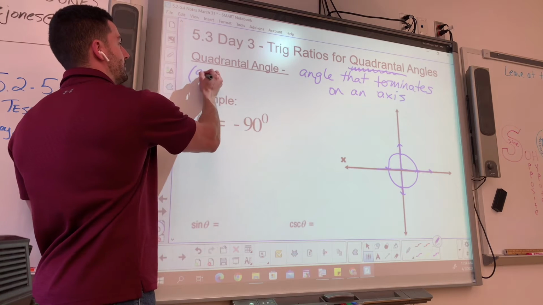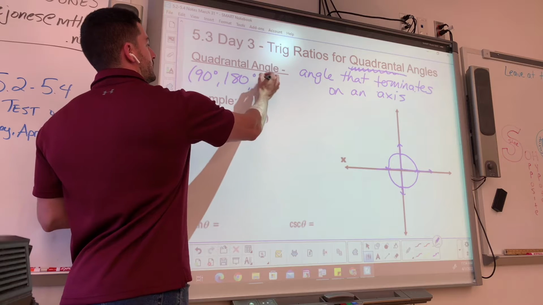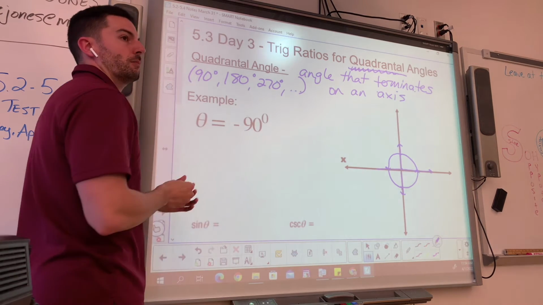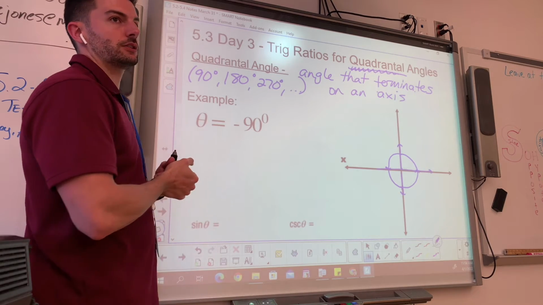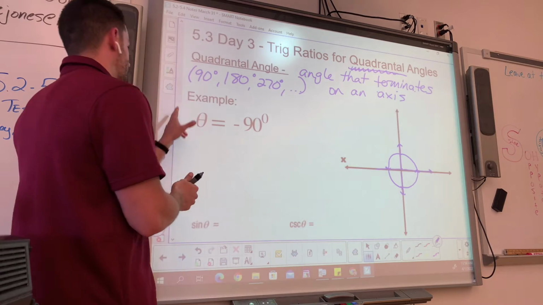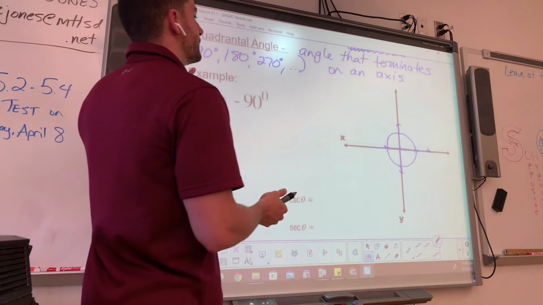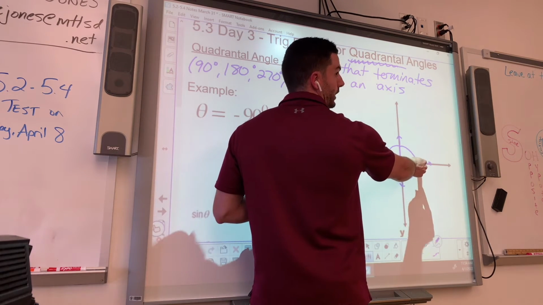Hopefully you see a pattern there: 90, 180, 270, and so on. These multiples of 90 would be quadrantal angles. Or in radians too. That's something kids have been confused about today because we haven't graphed a ton of angles in radians yet. In radians, a full turn is 2 pi radians.